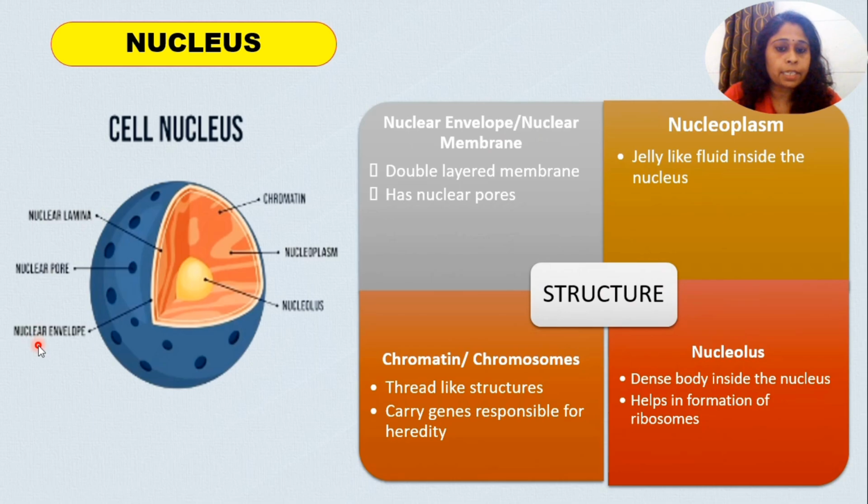Then it has chromatin or chromosome, which is a thread-like structure which carries genes that are responsible for heredity. Next is nucleolus. Nucleolus is a dense body that is present inside the nucleus and helps in the formation of ribosomes.